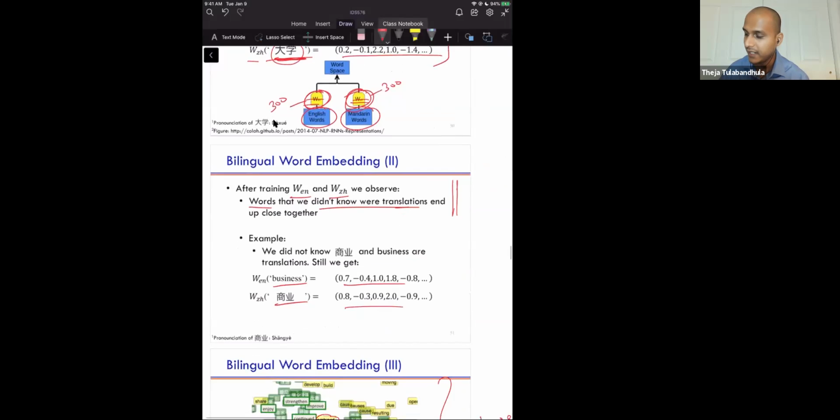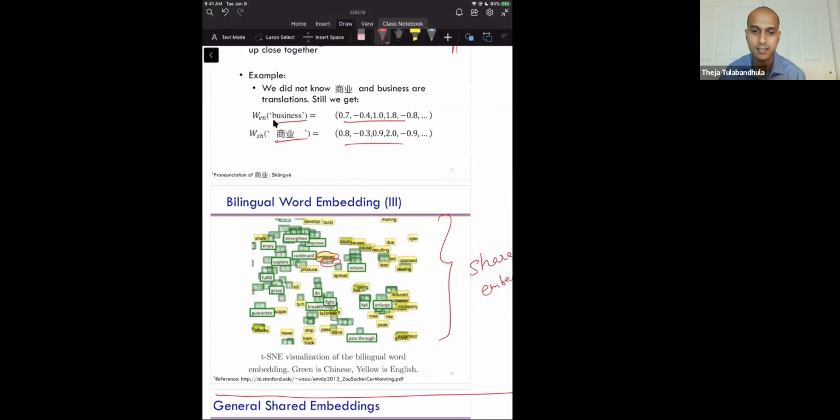The alignment is basically, if you again do PCA or t-SNE, then the yellow words in English and the green words in Chinese, if you map them into two dimensions, hopefully words that you did not use in your training, as in words that you did not know were translations of each other or similar to each other across these two languages, will fall close to each other in the space. For example, this word combine and the word similar to it. Maybe you did not use that in your training data, but since you aligned the word vectors by a proper choice of loss function, you can visualize both the embeddings and get quick translation between words that you did not know before.